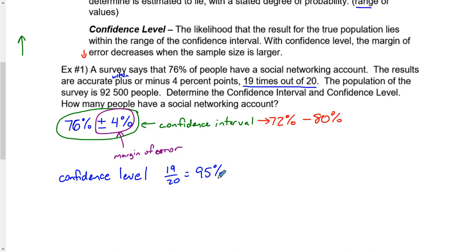So what that means is after this survey, you're 95% sure that 72% to 80% of people have social networking.